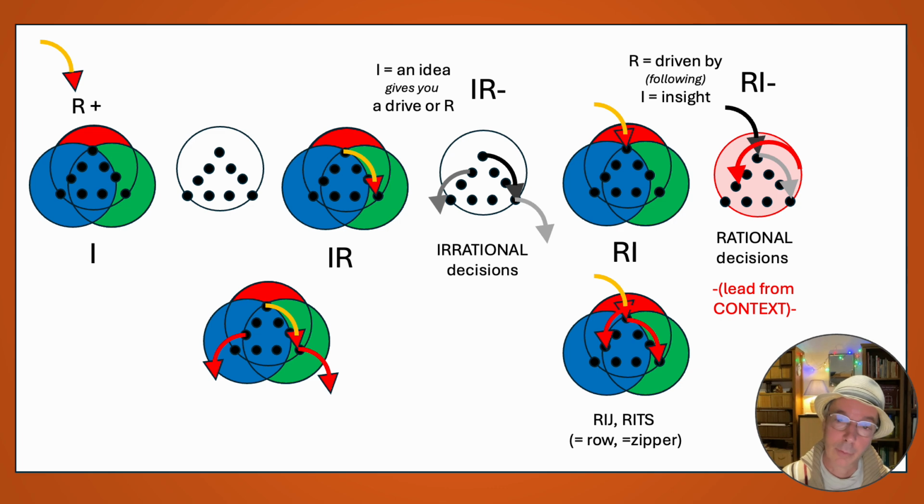You can have it the other way around. You can have a drive and then find ideas thanks to this drive. You find insights thanks to this drive. It's the other way around. You find something to insert. And there are a couple of words with ri. I have rij, which simply means row. It's following that logic.